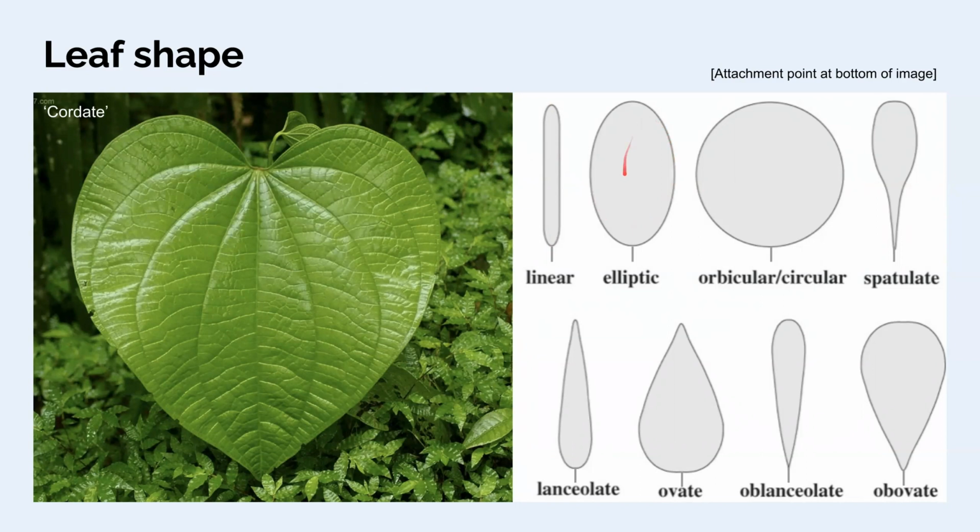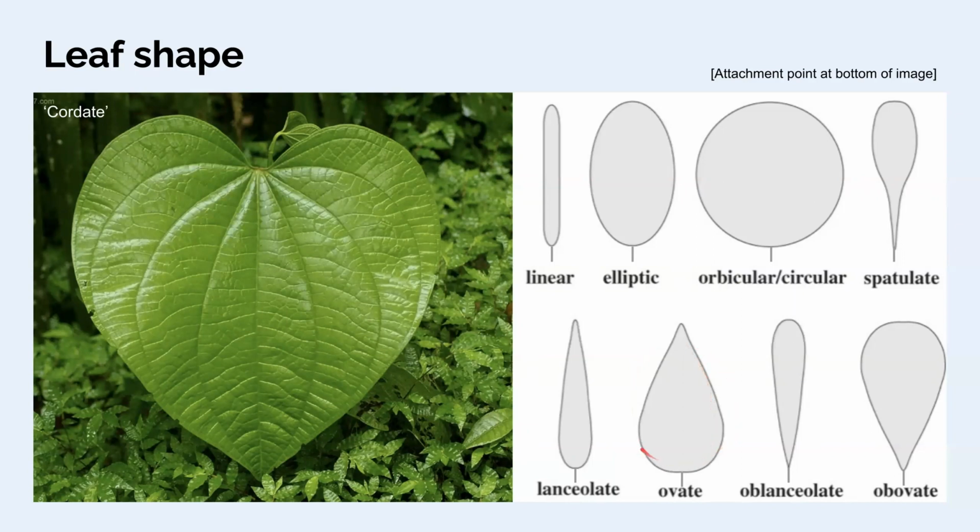Elliptic. I want to call attention to the difference between elliptic and ovate. So people a lot of times I think would refer to this as an oval. And in botany, we don't like to do that. So oval comes from the word for egg, an ovum. And so oval is more like egg-shaped.